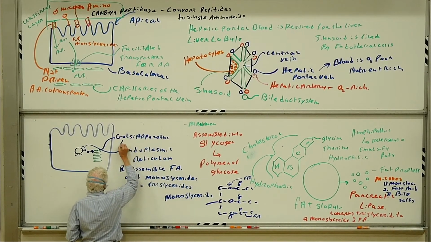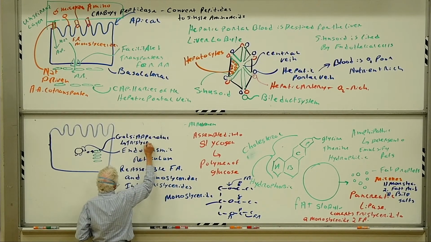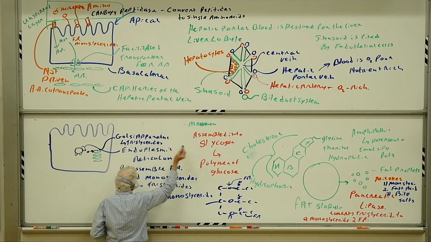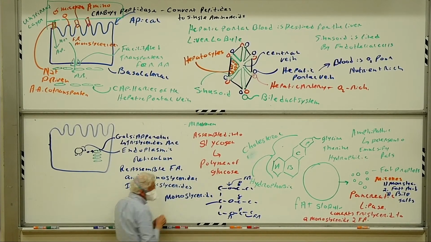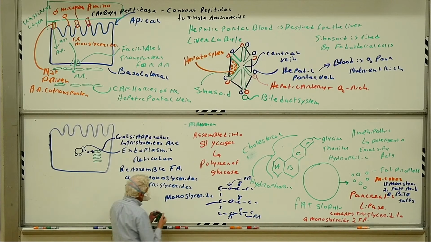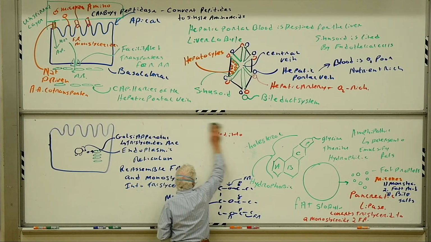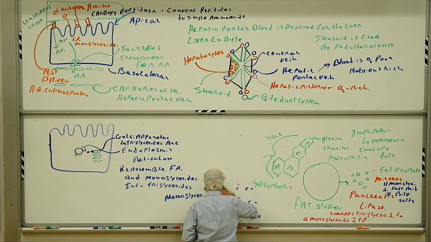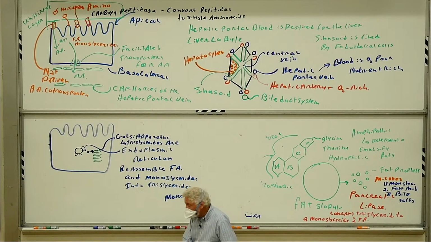And in the apparatus, the triglycerides are complexed with protein. And by complexing, by mixing the protein with the fatty acids, we make them a little bit more hydrophilic.